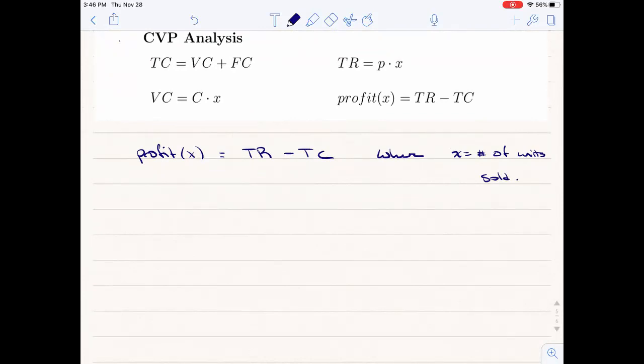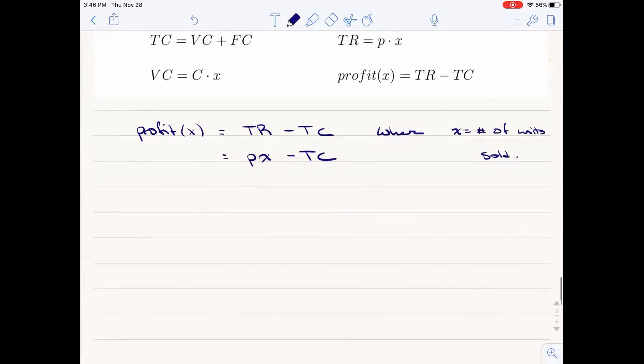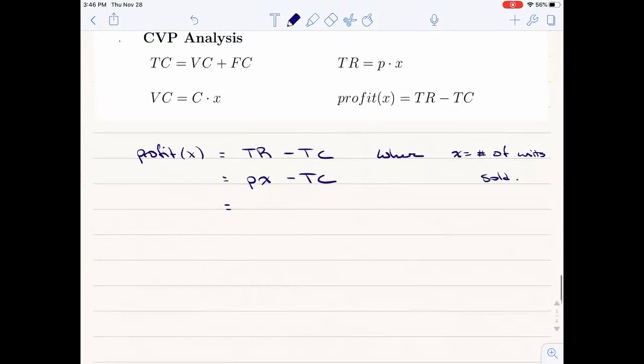We can replace the total revenue with PX, or P times X, minus the total cost, just slowly building it up. We can replace the total cost with the variable cost plus the fixed cost, as long as we remember that we're subtracting both of those. And so we've got PX minus, and I'm going to put them in bracket, the variable cost plus the fixed cost.